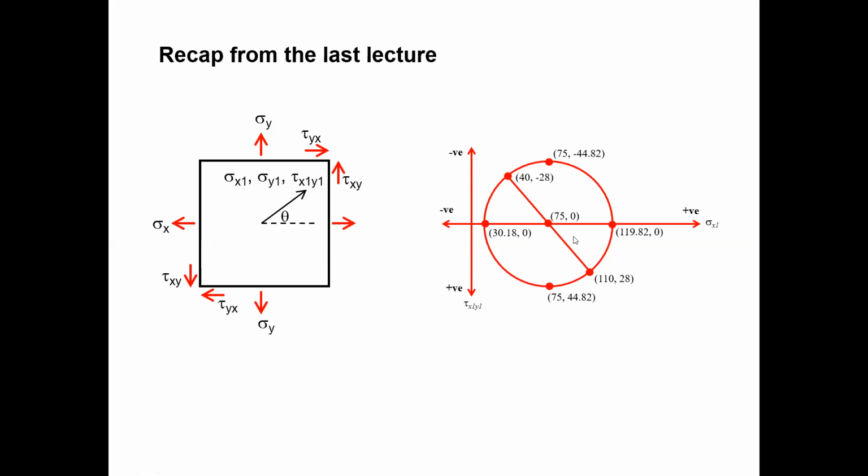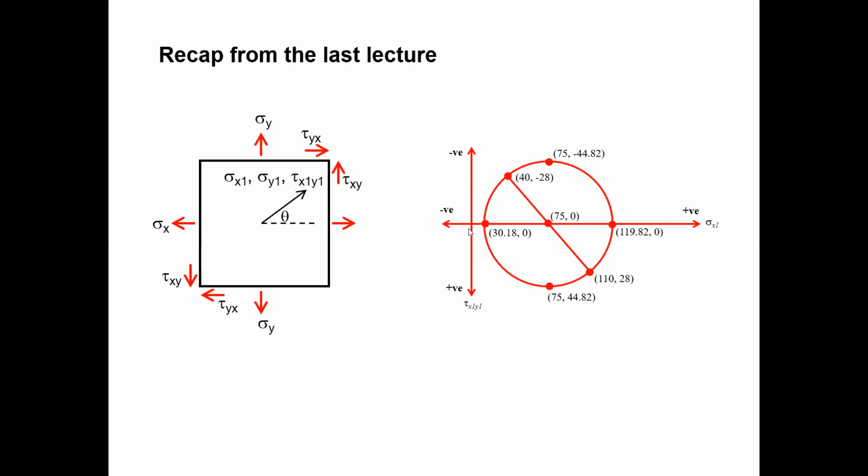Then you can find the 2 points on the circle, because given the normal stresses and shear stress are the X coordinate and Y coordinate, so you can find those points on the circle and draw the circle, and then you can find the radius and other things, and the maximum shear stress and principal stress also you can find from this Mohr circle.